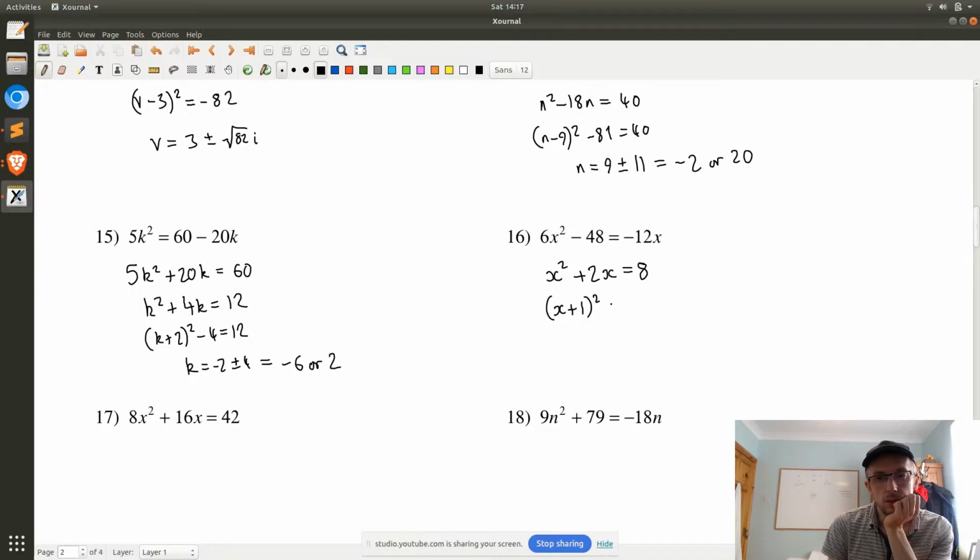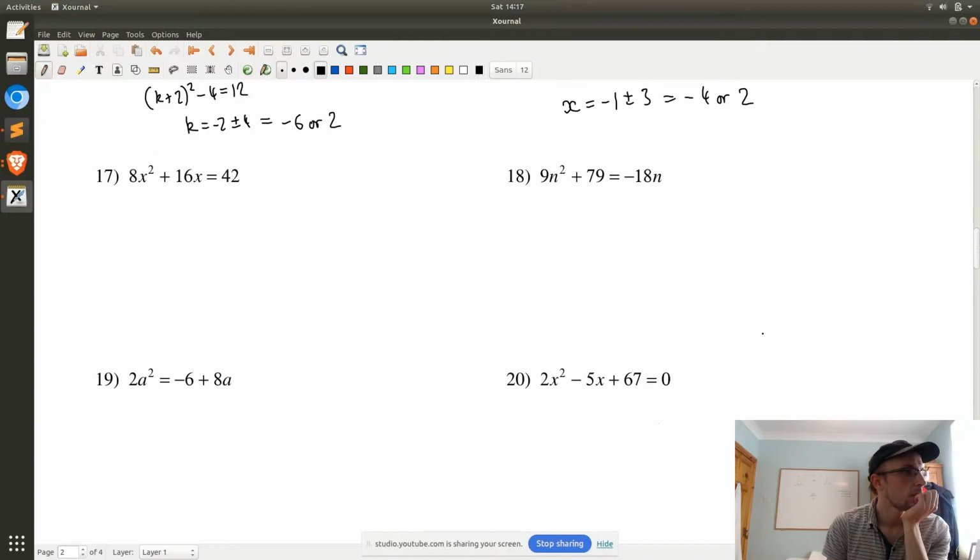And take 1, add 1, so 9. So divide everything through by, well, you can do 2. Do that.